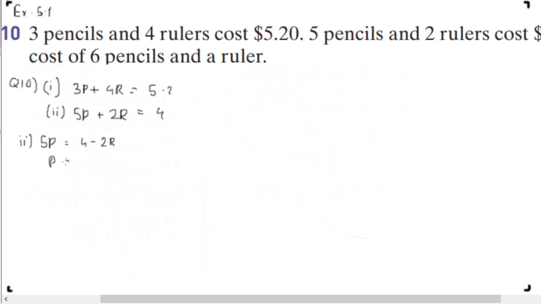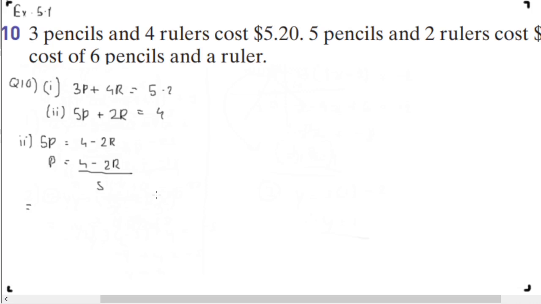Then p is equal to 4 minus 2r, all over 5, right? This is going to get much more complicated, which is why I advise using the elimination method, but we'll use substitution.